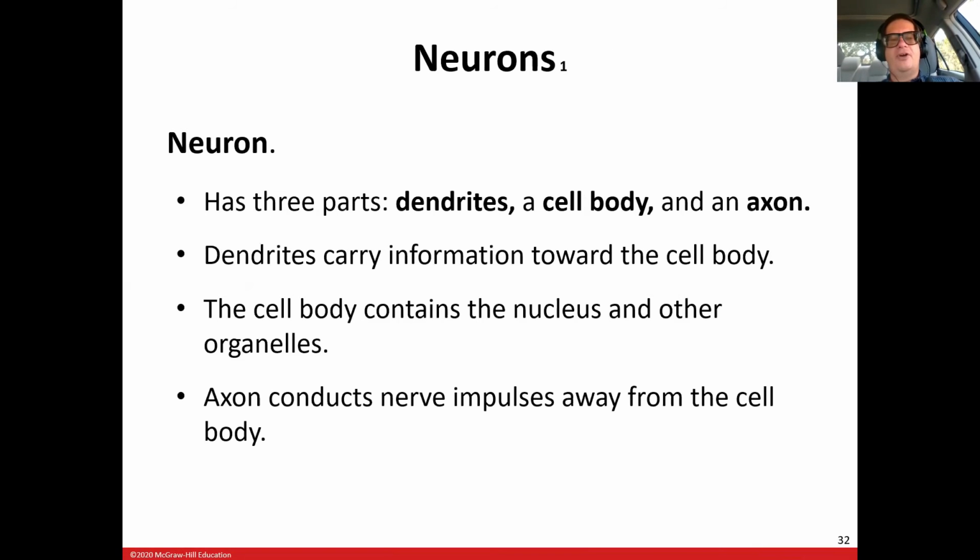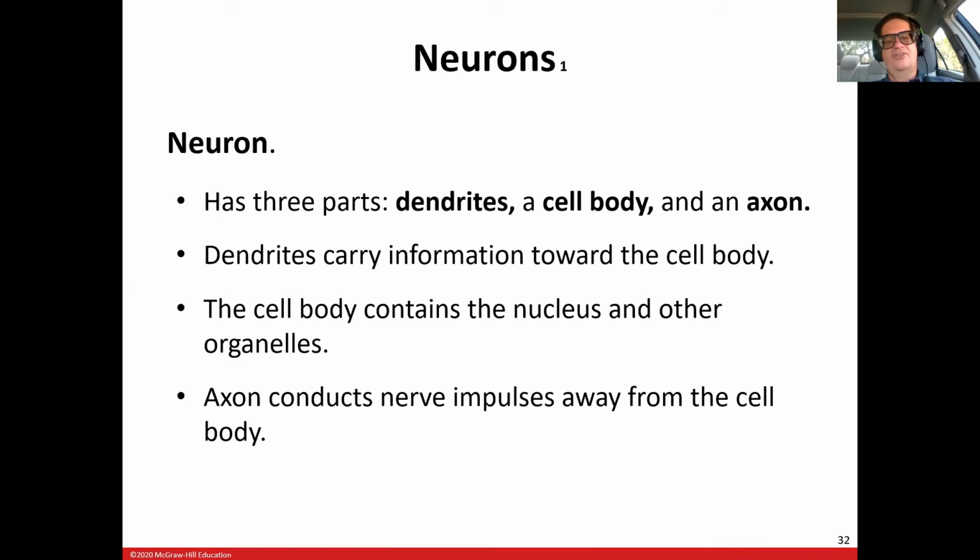Three parts of a neuron: a dendrite, a cell body, and an axon. Dendrites are the input to that neuron. Axons are the output. The cell body is the part that has the nucleus, the part that acts like a normal cell.